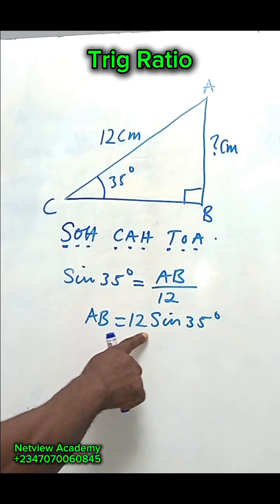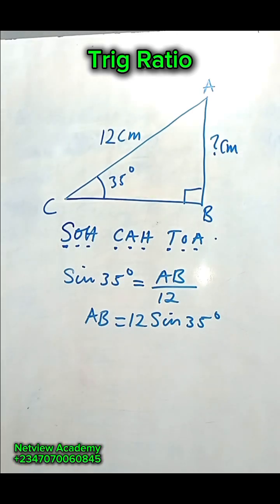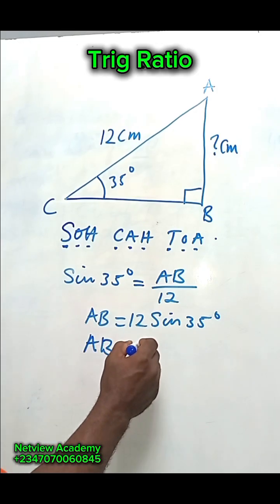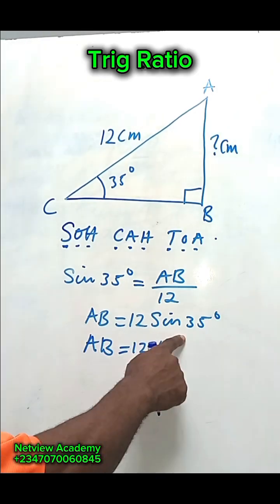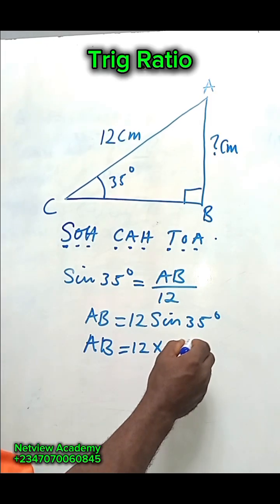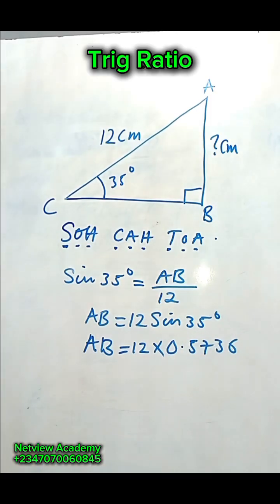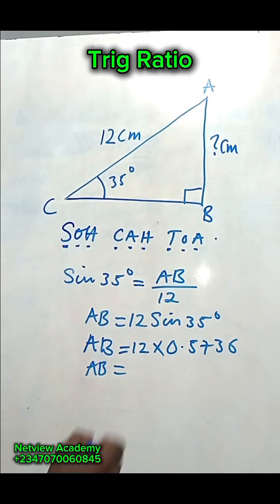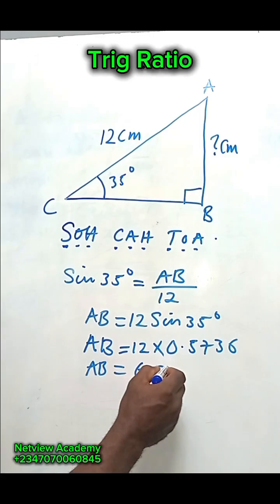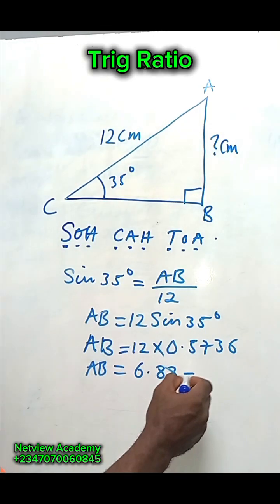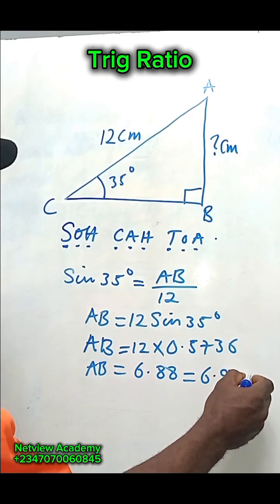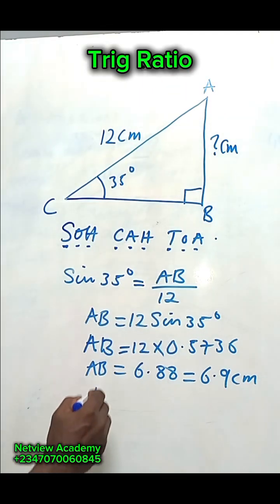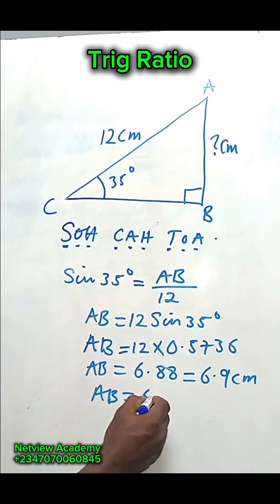Therefore, AB is equal to 12 times the sine of 35 degrees, which is 0.5736. AB is equal to 12 multiplied by 0.5736, which is 6.88, the same thing as 6.9 cm. Therefore, the length of AB is equal to 6.9 cm.